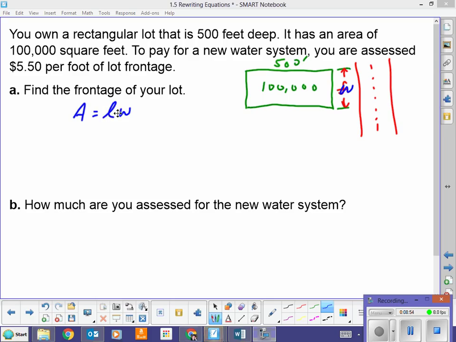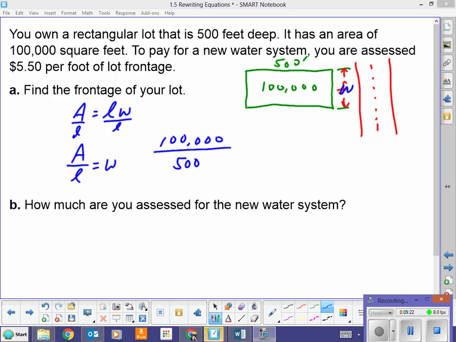To solve for W here, I'm going to divide both sides by L. And then here's my new formula: A divided by L equals width. So essentially, I'm writing a formula first specifically for this, instead of just plugging into another formula and solving for those numbers. So I have 100,000 divided by length, which is 500.